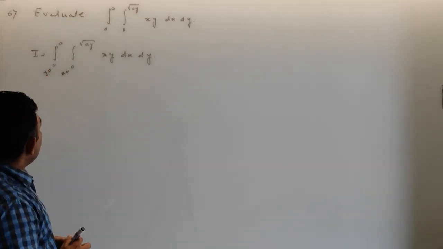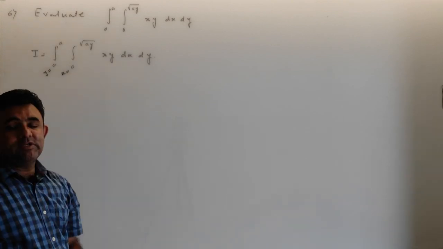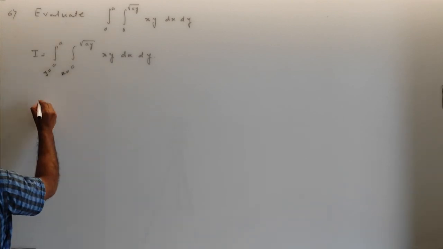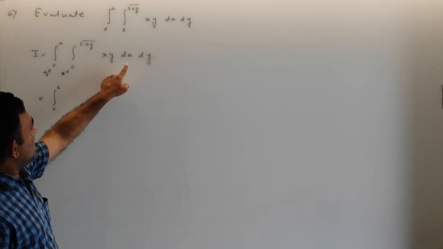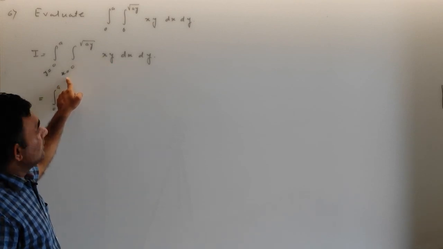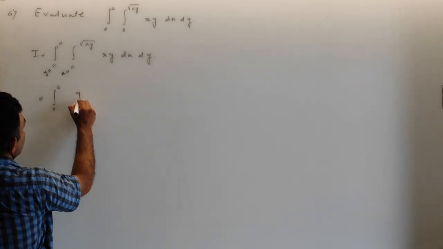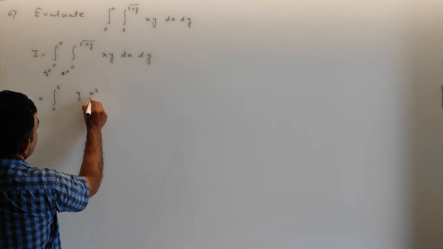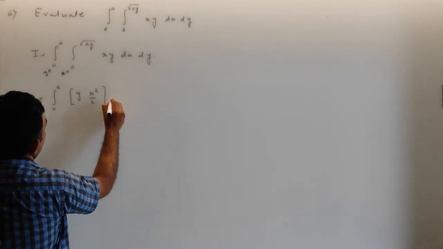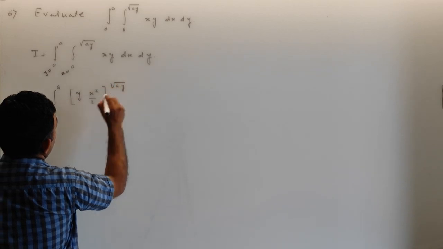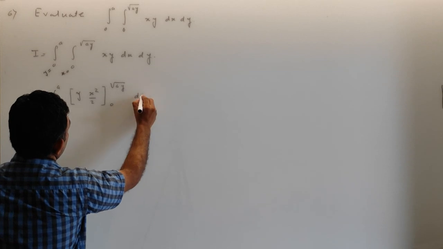So now here I have to integrate first with respect to x, then with respect to y. So this is integration 0 to a. Let us integrate first with respect to x. So y will be constant, so y is as it is, and integration of x is x square by 2, and limit is from 0 to under root ay, and we are left with dy.